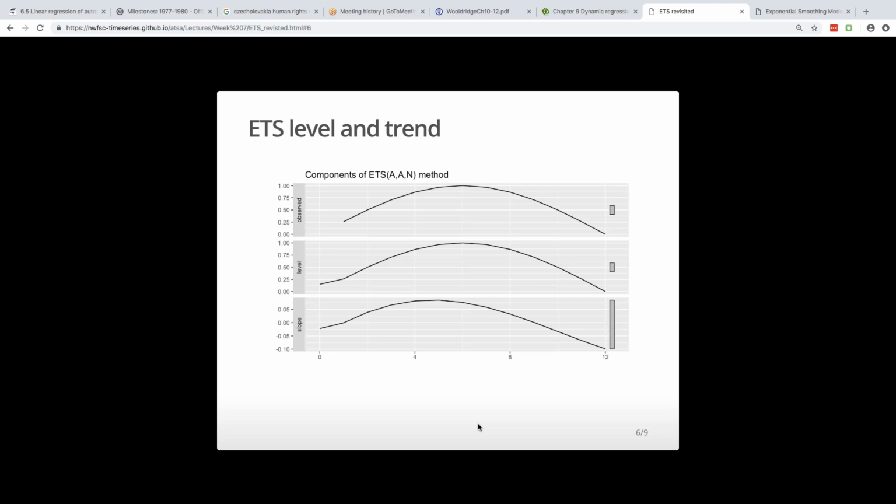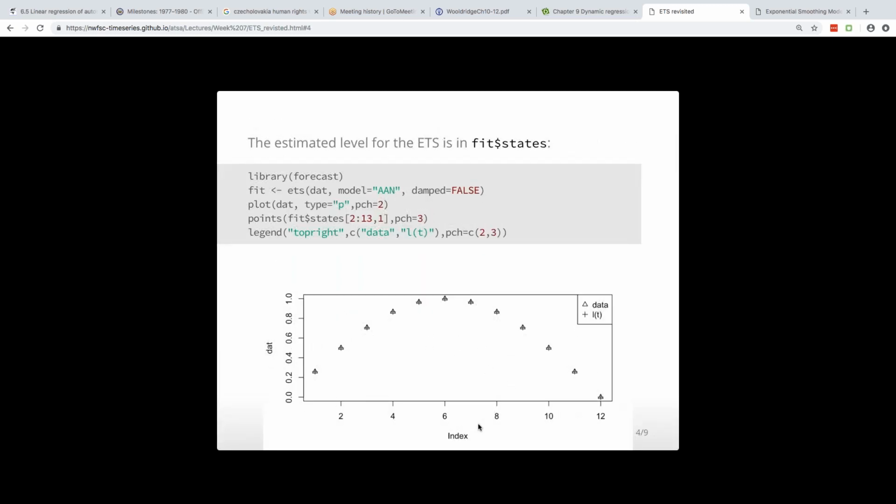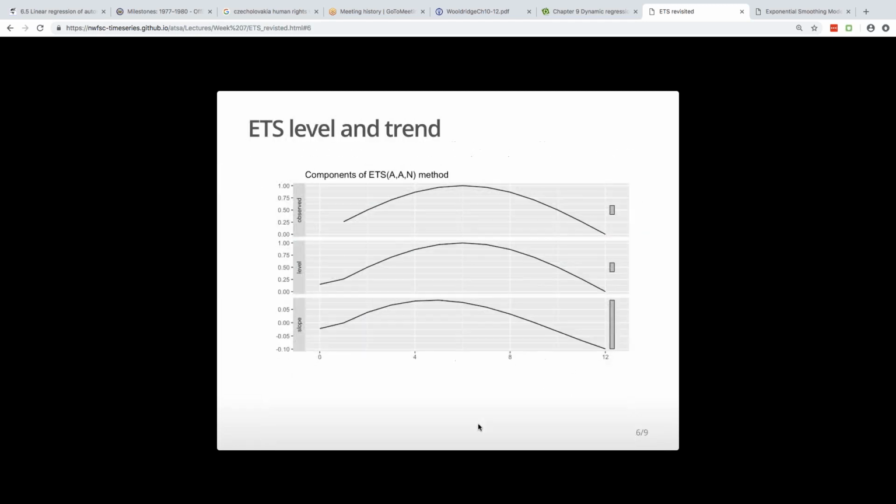Wait. I'm confused. Wait, the slope, this thing was like a sine chart. So wouldn't the slope have been 0 in the middle? At like time step 5 or something? Let's see here. Yeah, but it wasn't. It was about 6. Yeah, it should be 0. Let's see here.